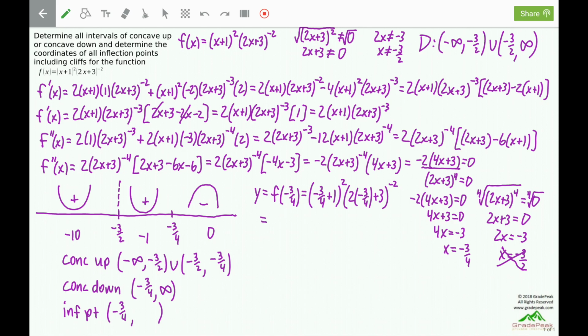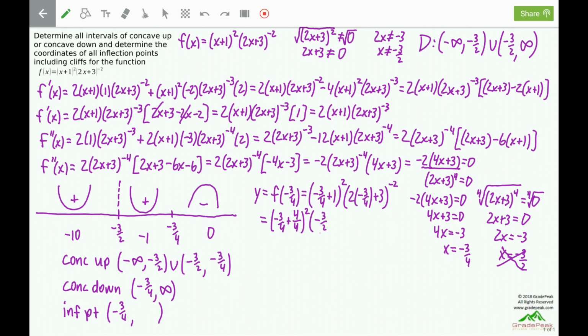So this will be -3/4 plus, we need a common denominator, 1 can be written as 4/4, and then squared, times 2 times the -3/4 will be -6/4, or canceling the 2 with the 4, -3/2.